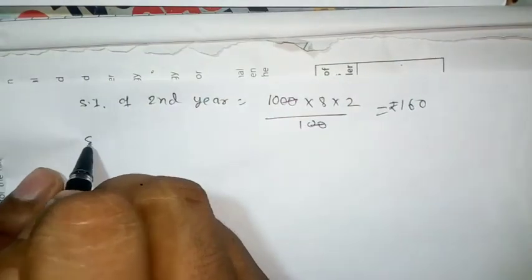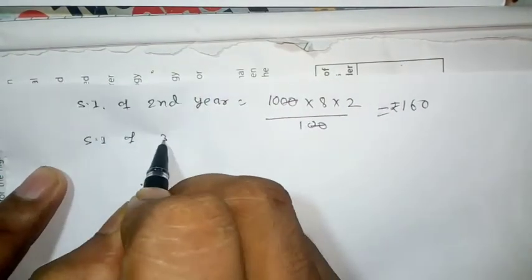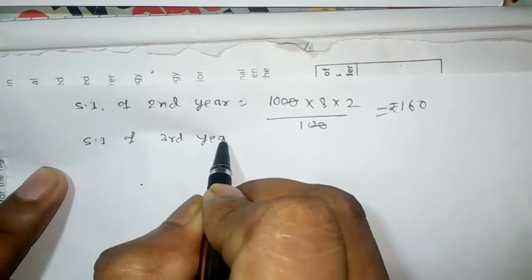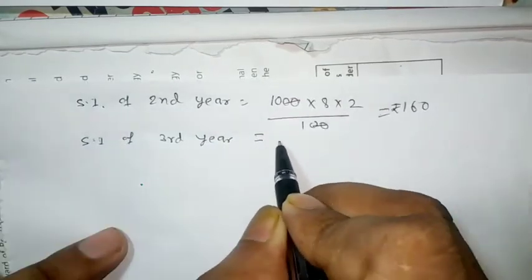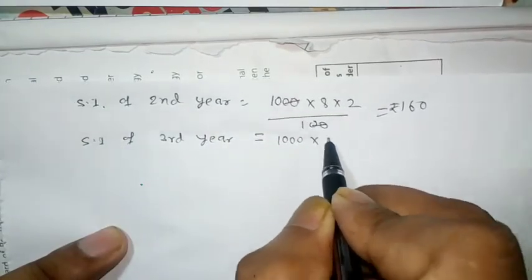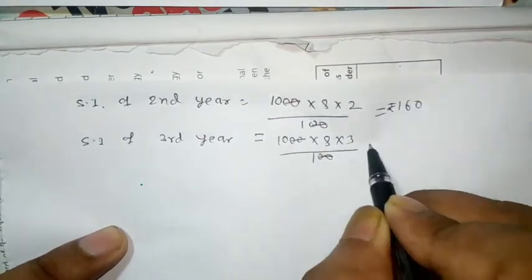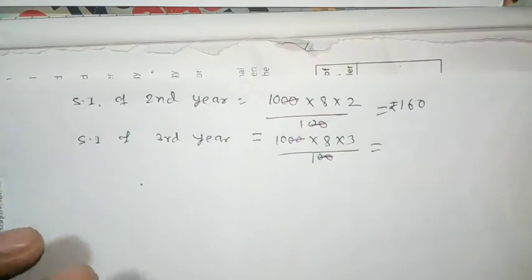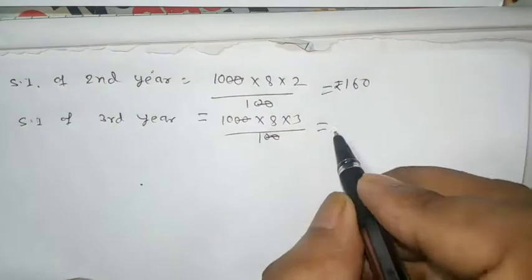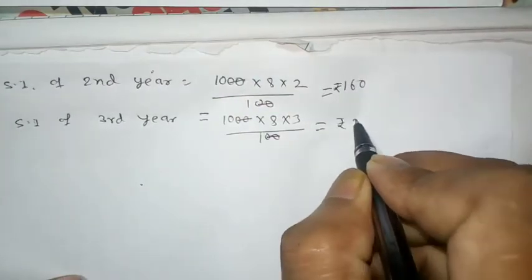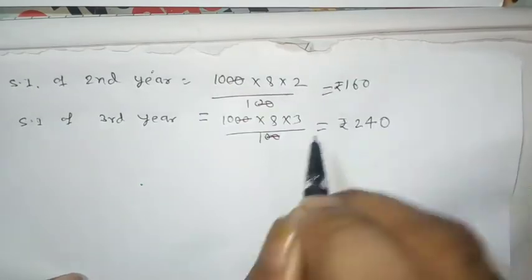Now simple interest of third year is equal to 1000 into 8 into 3 by 100, 0 cancel, 8 3s are 24, 24 10s are 240.